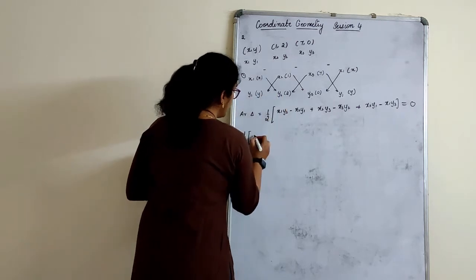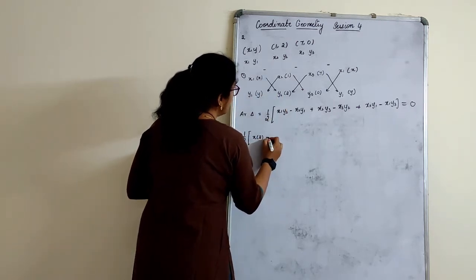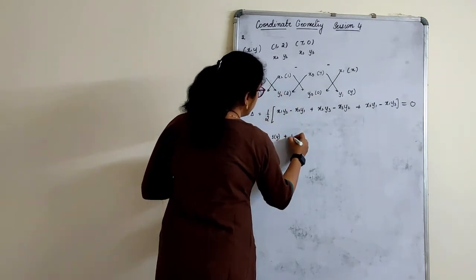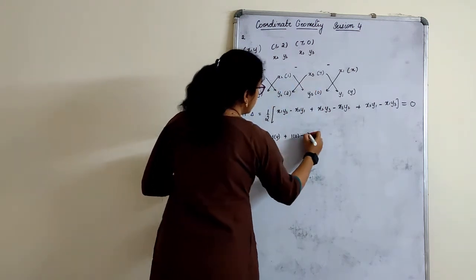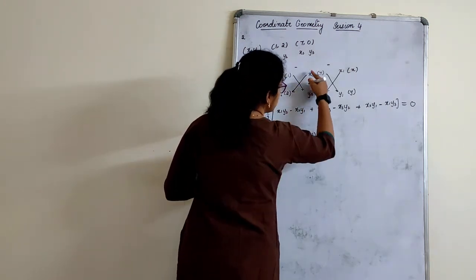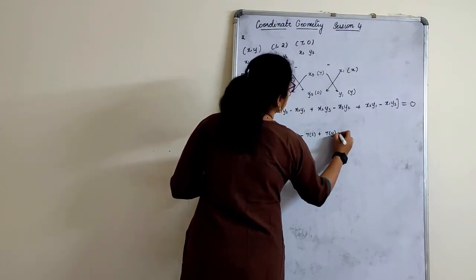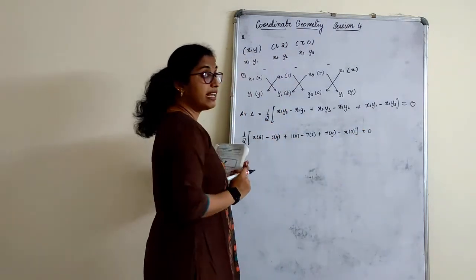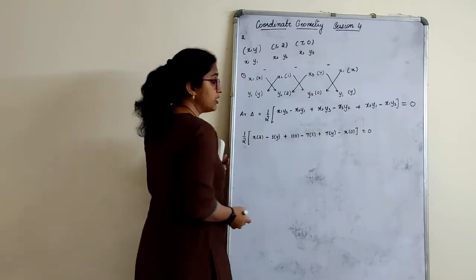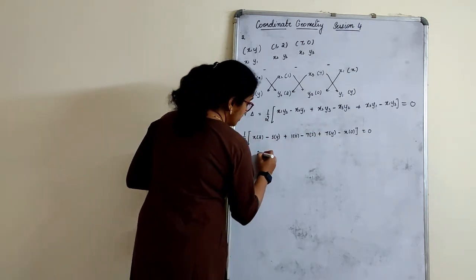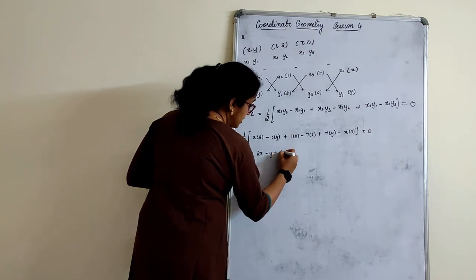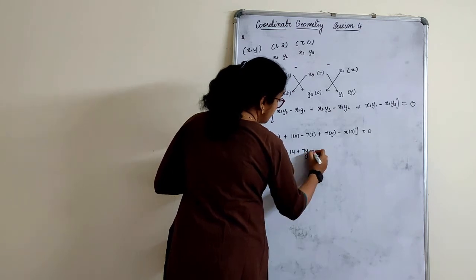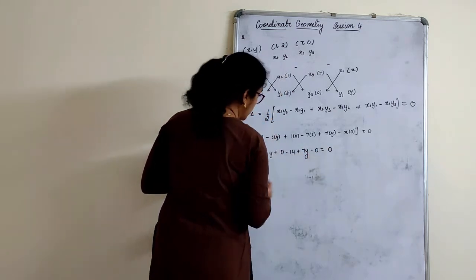x1 y2. So it is x into 2 minus 1 into y plus 1 into 0 minus 7 into 2 plus 7 into y minus x into 0 is equal to 0. We have to get the relation for x and y. 2 cross multiplied there, children, that becomes 0. 2x minus y plus 0 minus 7 2s are 14 plus 7y minus 0 is equal to 0.